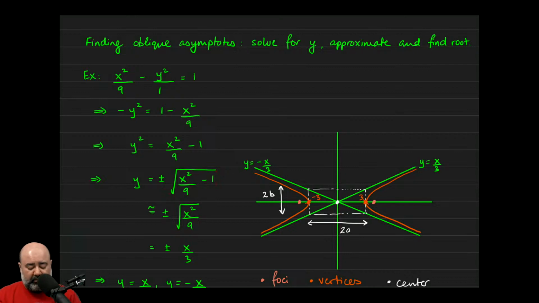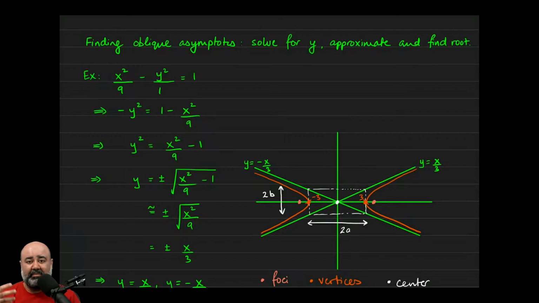Now, here's where the approximation comes in. If we're thinking about a really, really, really large number for x, so let's say 1 billion. If you square 1 billion, you're going to get a big number. When you divide it by 9, you're still going to have a massive number. Now, if that's how much money you have, and I say, hey, can I borrow $1? Is that really going to affect your life?